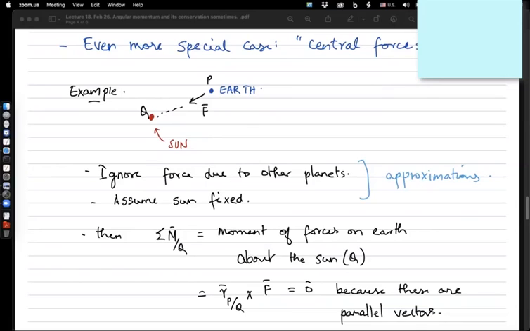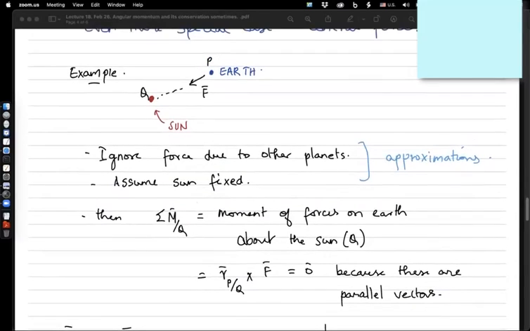Absolutely, if you're taking the moment of a force about a point, it's basically force times the perpendicular distance between the force and the point. And if the force passes through that point, the perpendicular distance equals 0, right? That's something you learned from statics and perhaps other classes. Cool. Brennan says they're parallel. That's right.